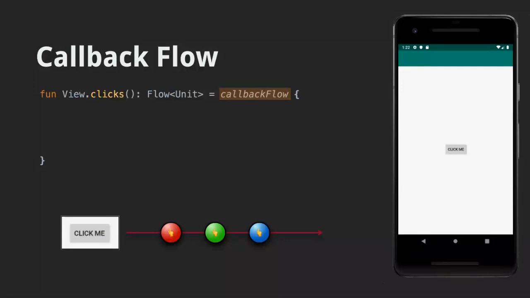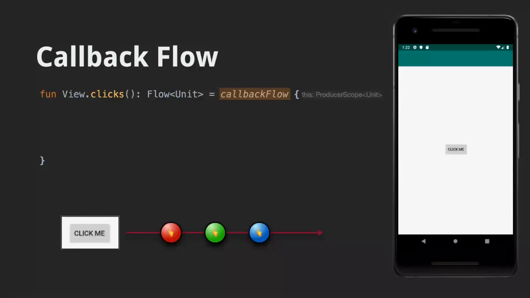This library effectively is the callbackFlow builder function. What's nice about callbackFlow is it gives us something called a producer scope. Producer scopes, we'll see in an instant, implement a few things, but first and foremost they provide you with a coroutine scope. If you're not entirely familiar with coroutines, you're going to be familiar with this concept of scoping.